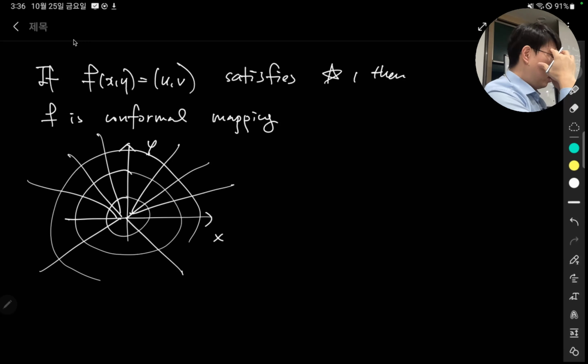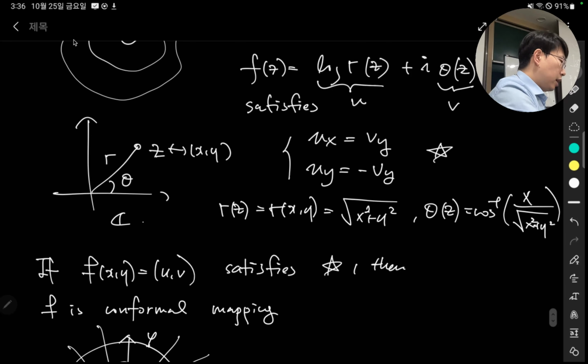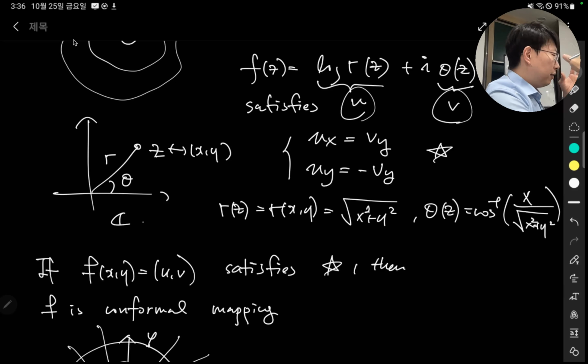If you have these two families of lines, they intersect perpendicularly: each radial line and each circular line intersect perpendicularly. So if you make a function of r and theta like this, the u and v also have contour lines that intersect each other perpendicularly.